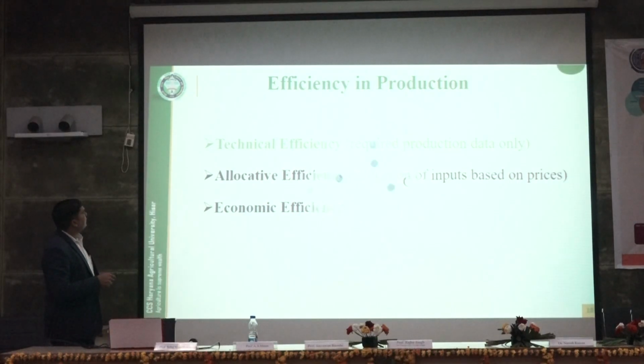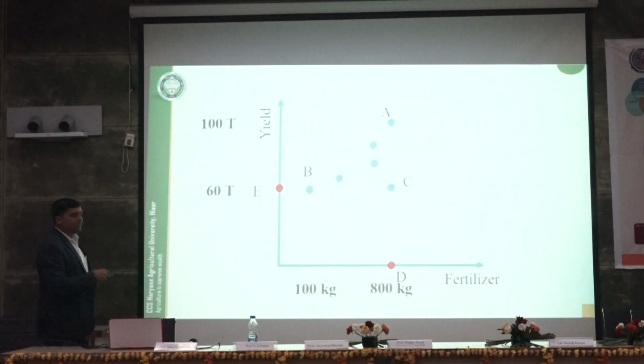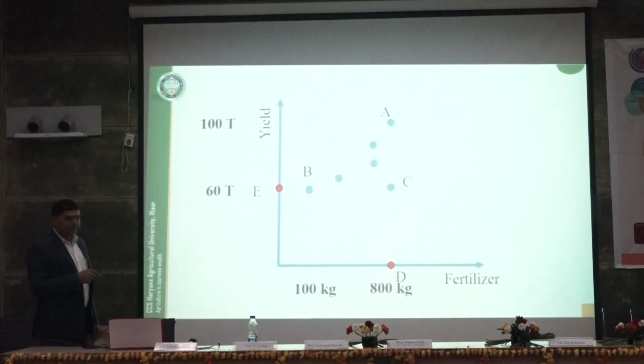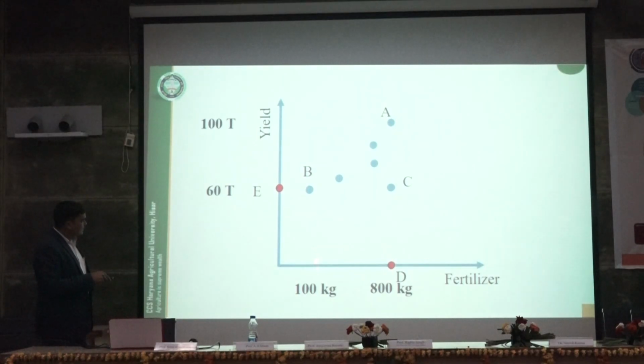So, for example, this is the dose of fertilizer and this is, say, yield. These are the farmers. At this dose of fertilizer, farmer B produces 60 tons of, for example, wheat.